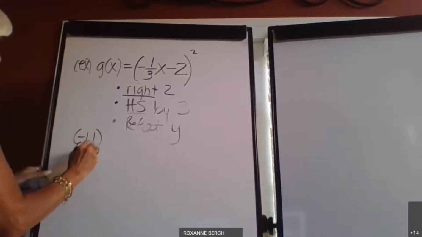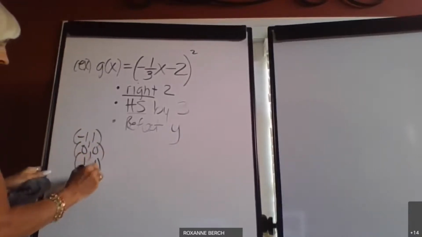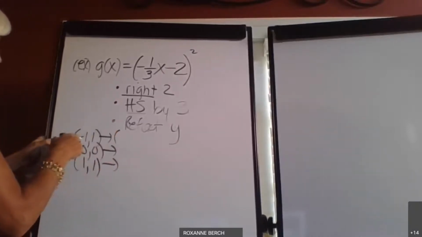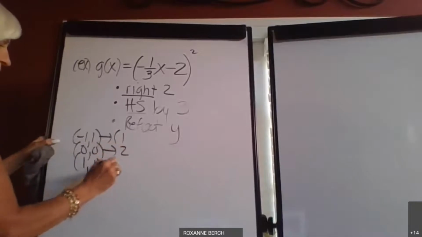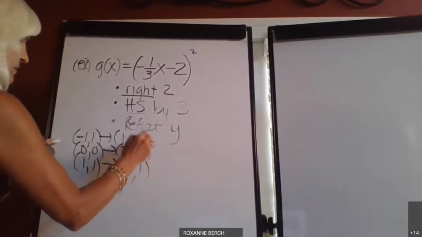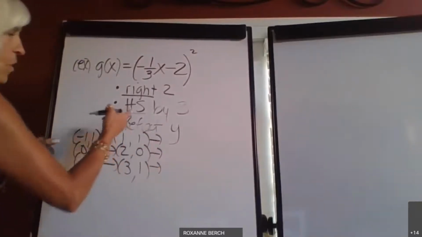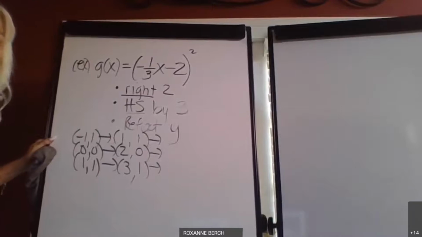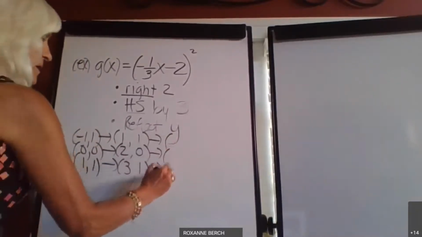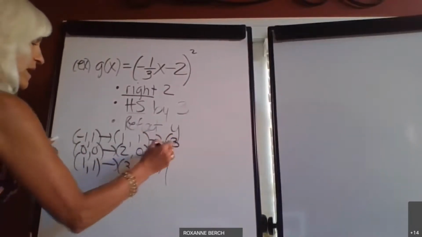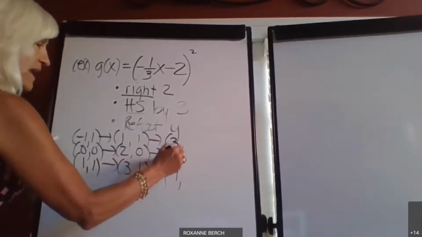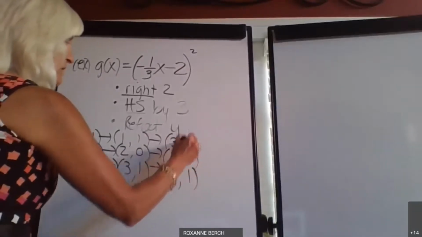All right, so here we go. With the right, you're going to add 2 to the x. So add 2 to the x, and leave the y by itself. The horizontal stretch is going to change the graph, so you multiply the x by 3, and leave the y alone.